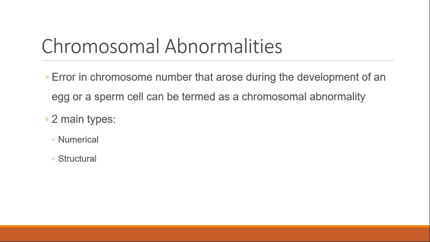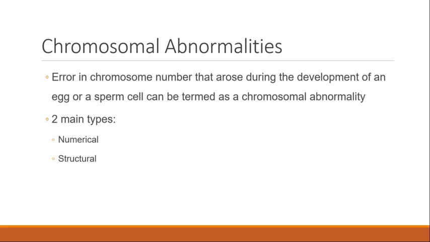Now, chromosomal abnormalities are basically understood as errors in the number of chromosomes or the structure of the chromosomes, which arise during the development of an egg or a sperm cell, right? Both ways, the composition of that cell or the number of chromosomes within the cell, are responsible for a chromosomal abnormality, also called chromosomal aberrations or chromosomal disorders.